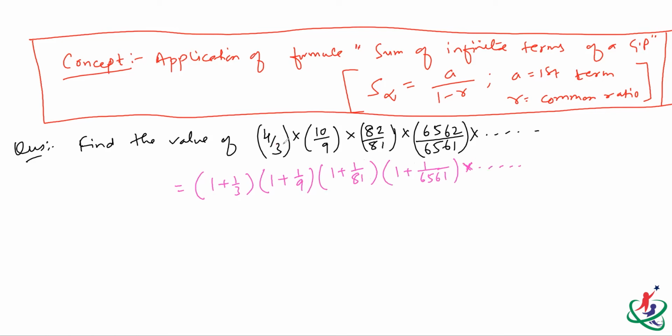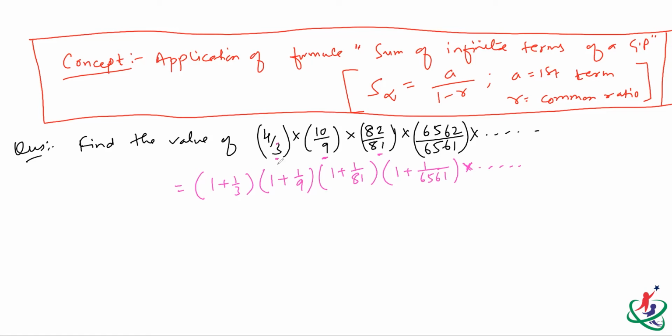What is the first thing that you should notice about this question? You should notice the powers of 3: 3 to the power 1, 3 power 2, then 3 to the power 4, and 3 to the power 8, and so on. So the powers 1, 2, 4, 8 are in GP.